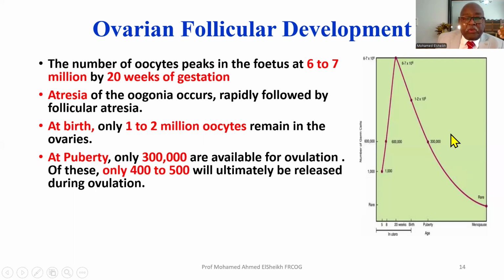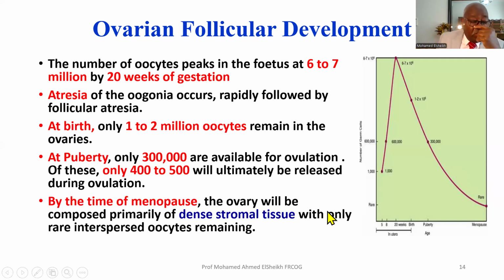And out of these 300,000, only about 400 to 500 will ultimately be released during ovulation. So the number released is very low. Instead of all those 6 to 7 millions, only about 400 to 500 will ultimately be released and will be ready for ovulation initially, then for fertilization.